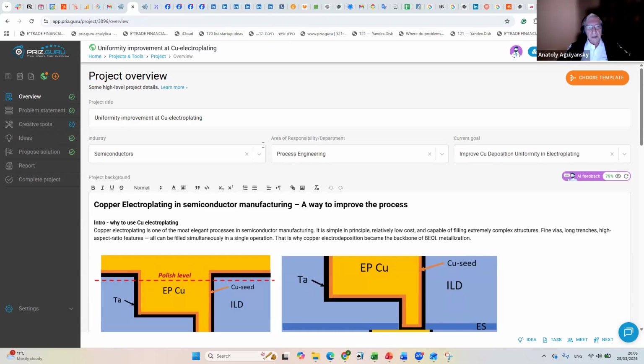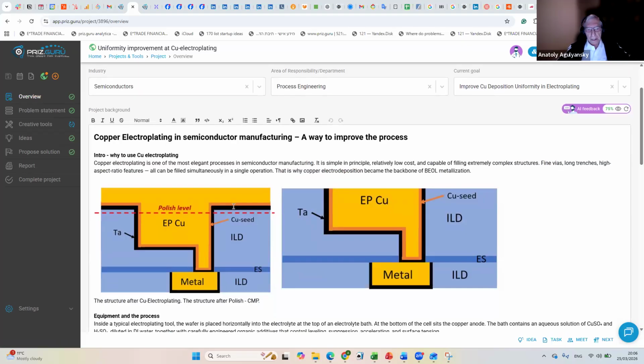Okay, great. So we will talk about electrochemistry, electrodeposition, or copper deposition in microelectronic, in semiconductor manufacturing. This is a project within our PRIZ Guru platform. Title, some general information, which is necessary for AI. And I will just tell you a little bit about this process.